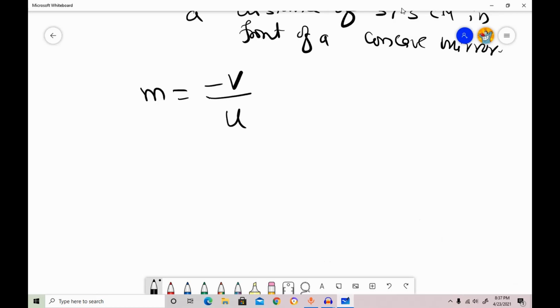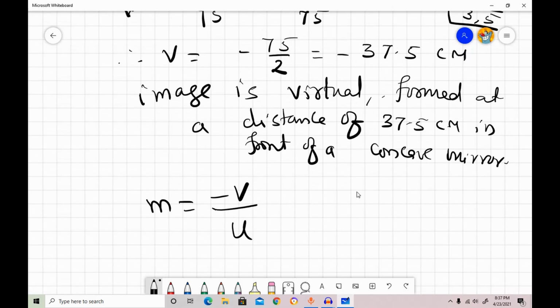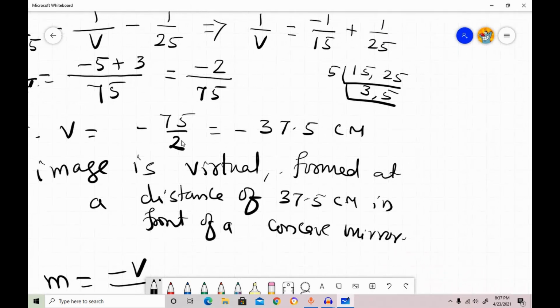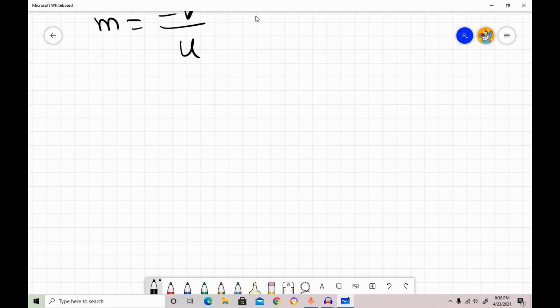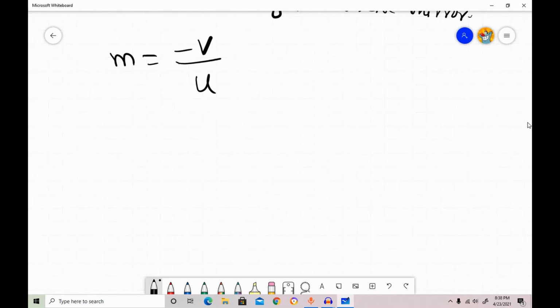Substituting the values, minus of minus 37.5 over minus 25: minus of minus becomes plus, and dividing by minus 25 it becomes minus.